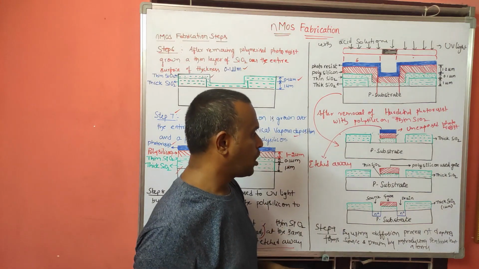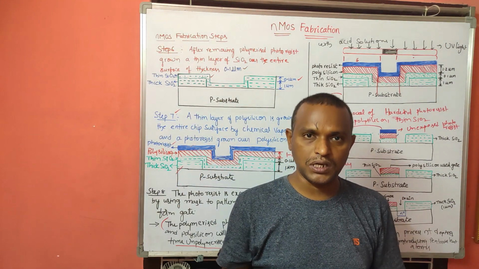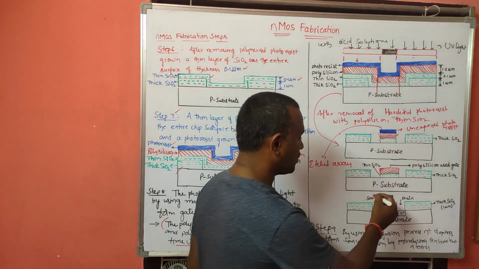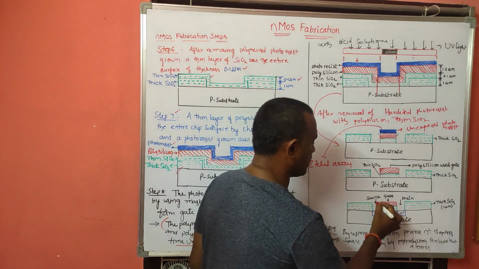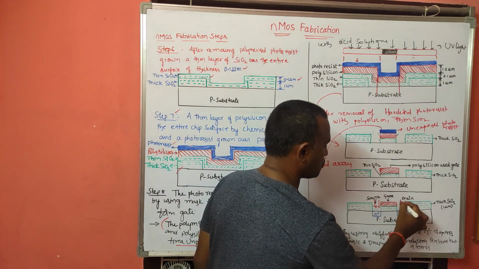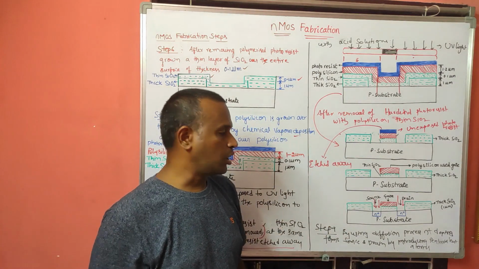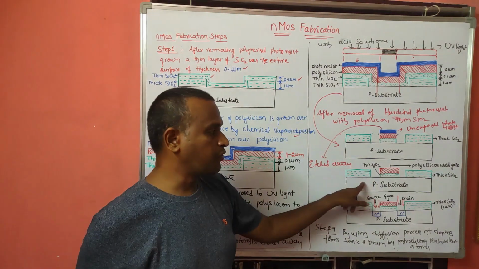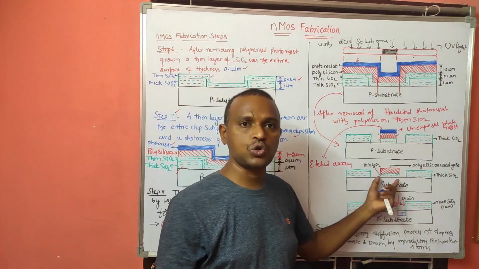Okay, so after forming this one, I will use the diffusion process, and I will send the pentavalent atoms to here. So after formation of this gate, now we have to form the source and drain.